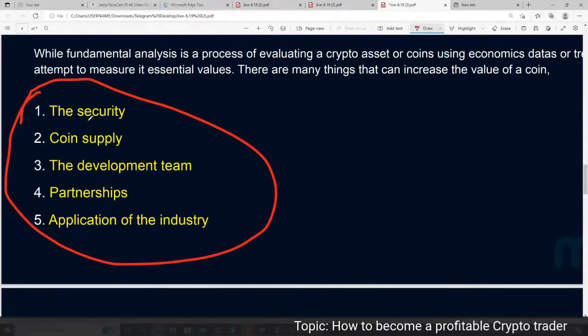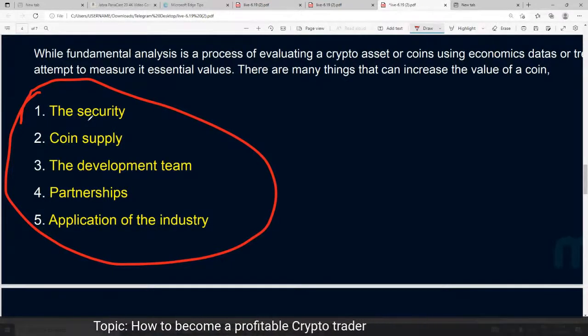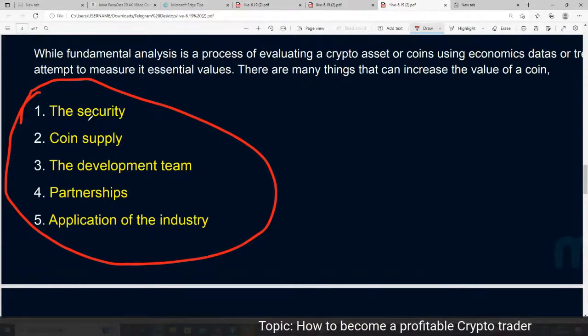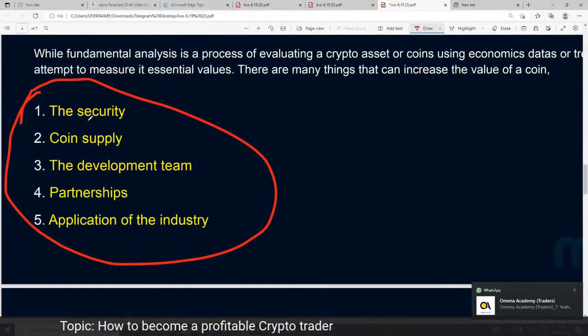This is what you need to check before going into that coin. You check the security of the coin. You check how many supply this coin has. You check the team that built this coin. Who are the people around this coin, who built this coin?